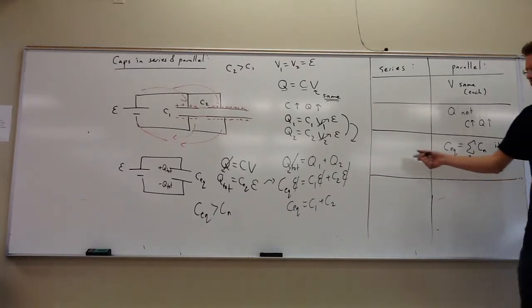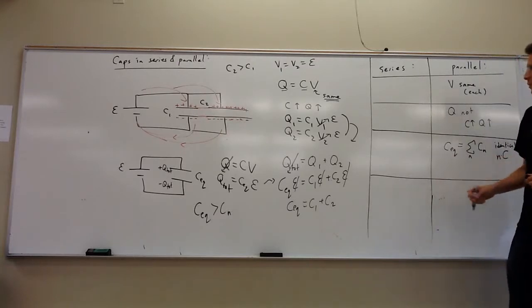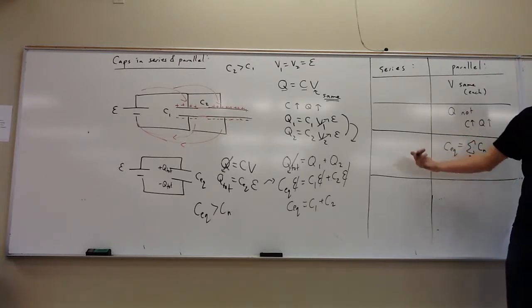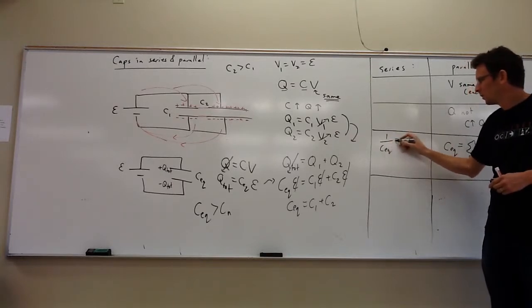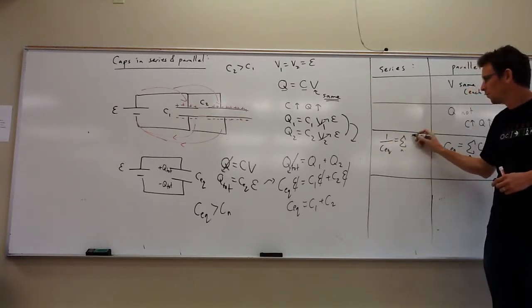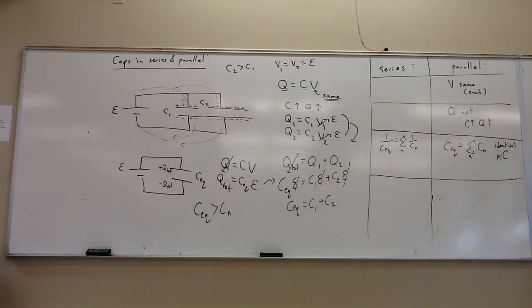I'll show you, of course, when we get to series, but for the 1 over rule, that used to be for parallel resistors, now it's for series capacitors. I'll prove that to you later, but I just want to point out at this point that the rules are reversed.